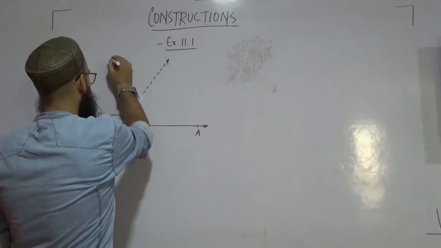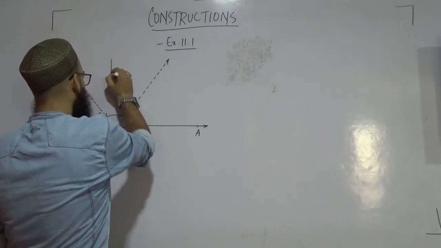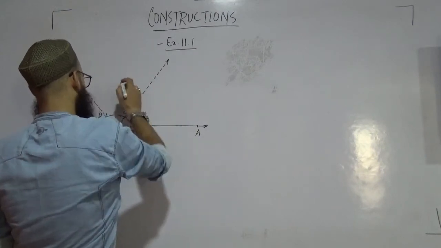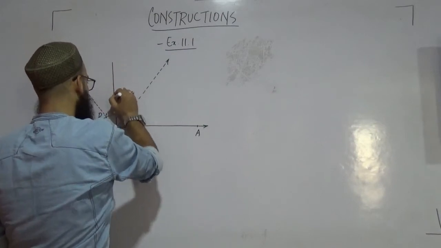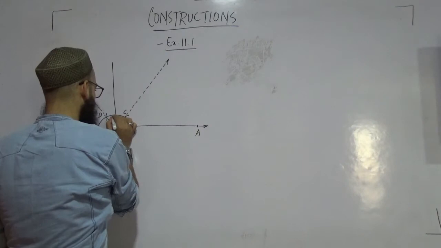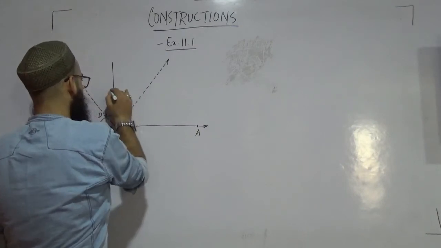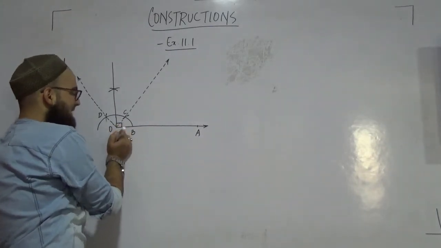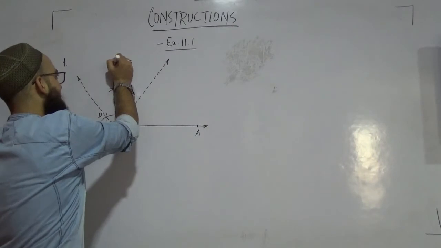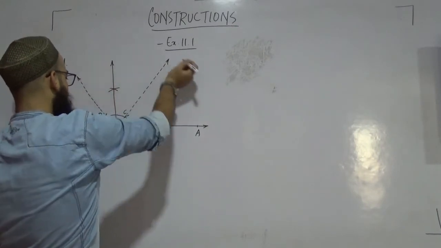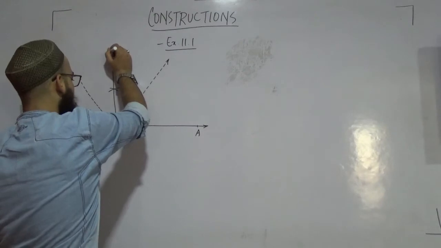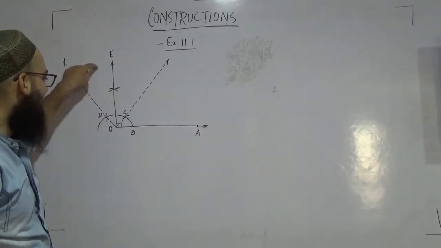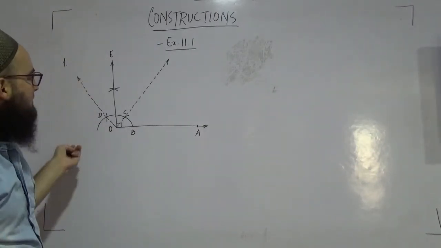Now join that and that. You'll get something like this. So this angle is 90 degree. Name this E. Now angle AOE is 90 degree. So that's it.